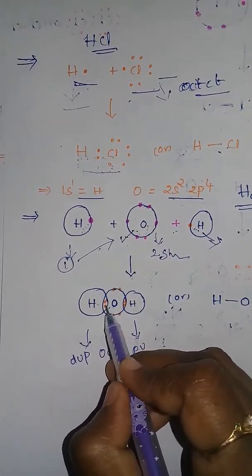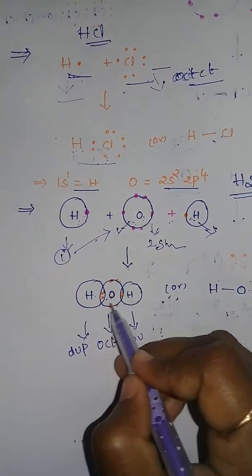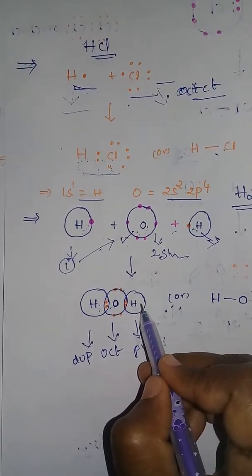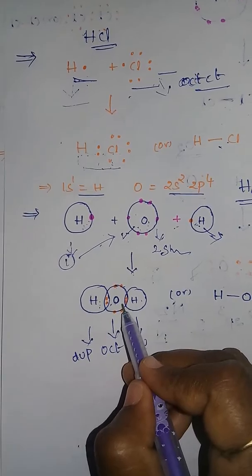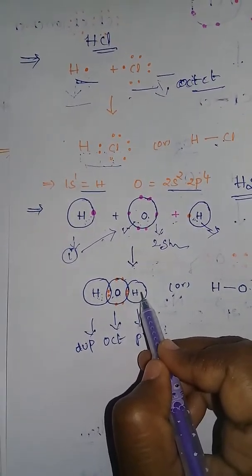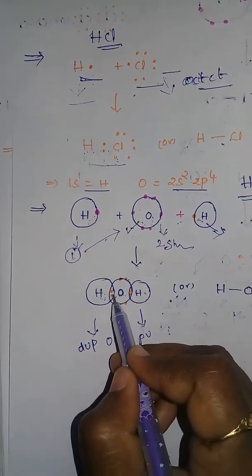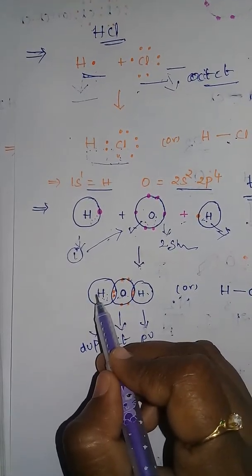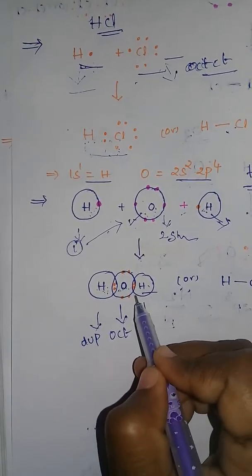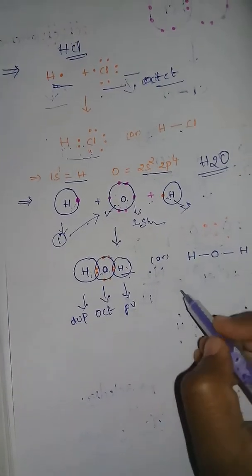So this hydrogen has 2 electrons, this hydrogen has 2 electrons, and oxygen has 8 electrons. By sharing 1 electron from hydrogen and another electron from the other hydrogen, oxygen attains stable configuration, and these 2 hydrogens attain duplet structure.